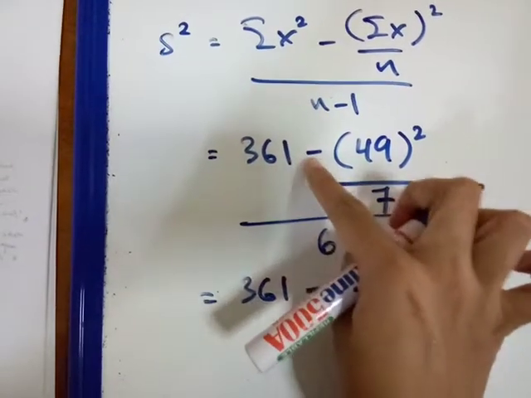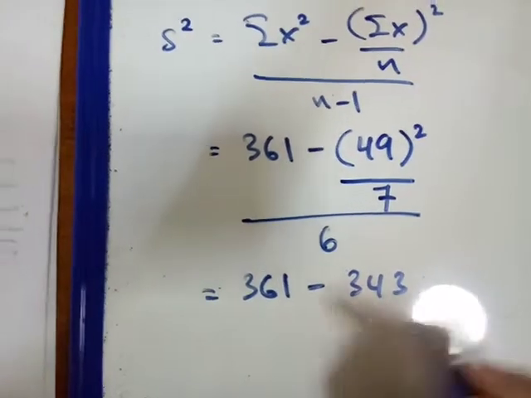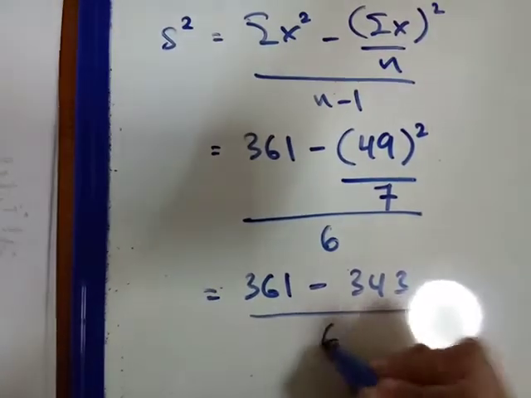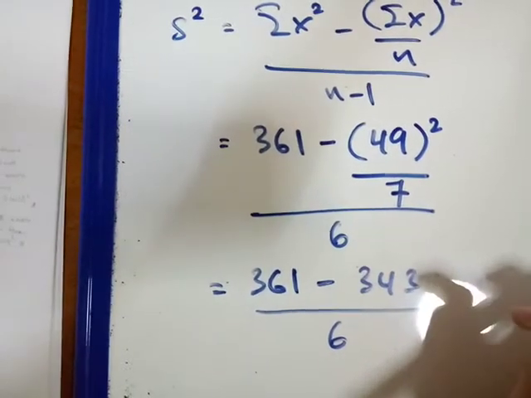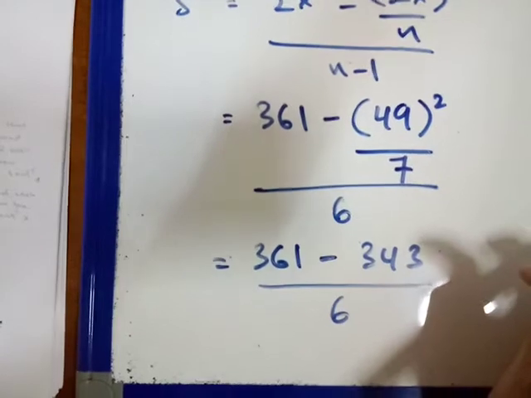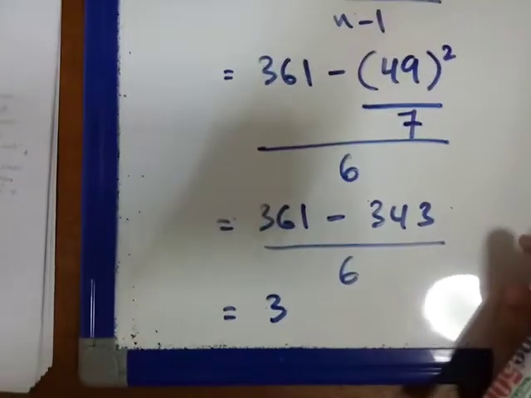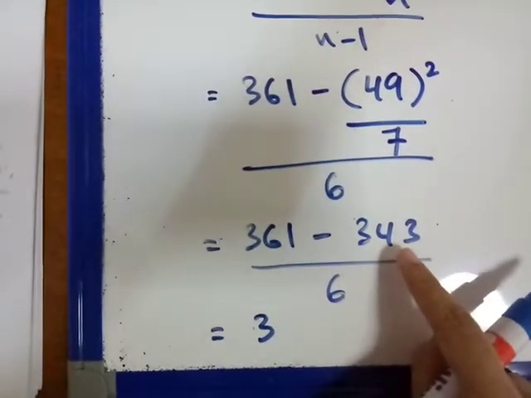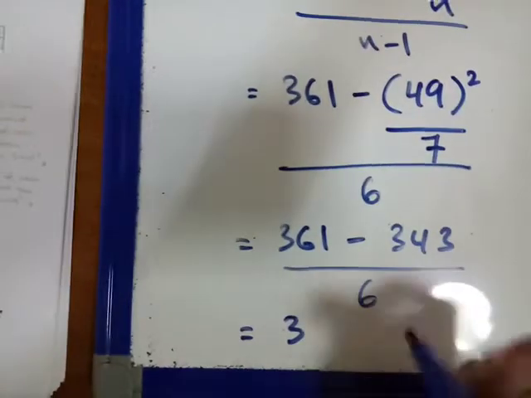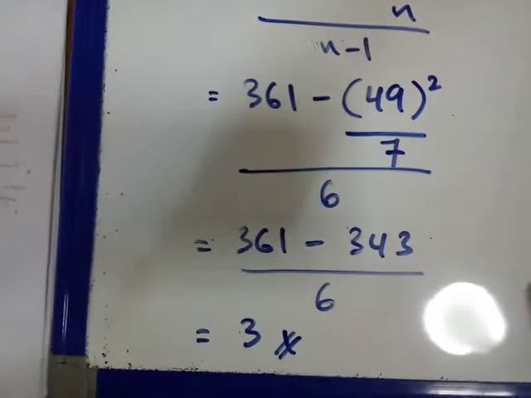So 361 minus 343, and then divide by 6 at the bottom. Understand? You calculate and the answer is 3. 361 minus 343 divided by 6 gives 3. This is the answer.